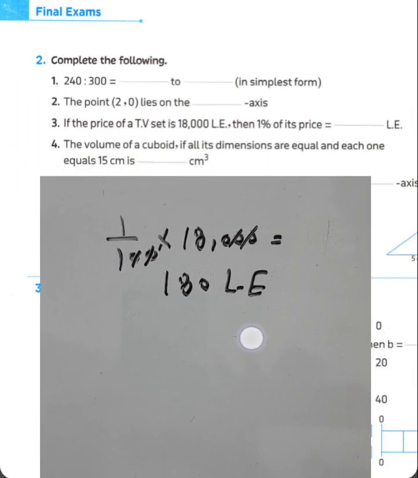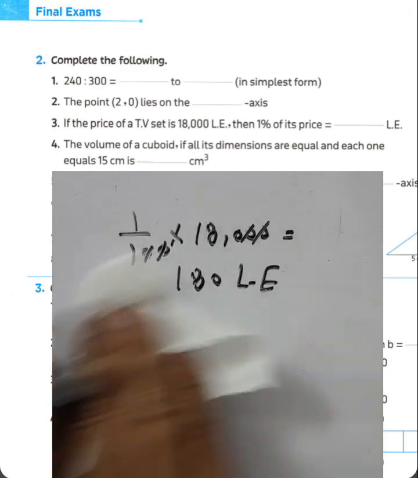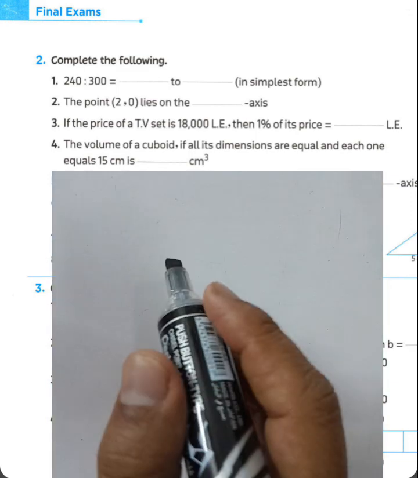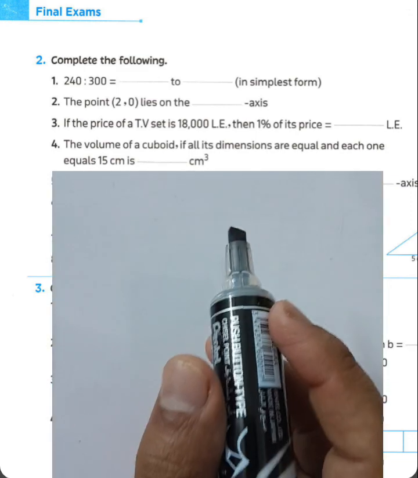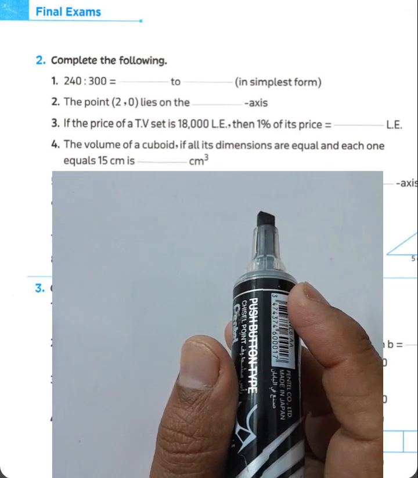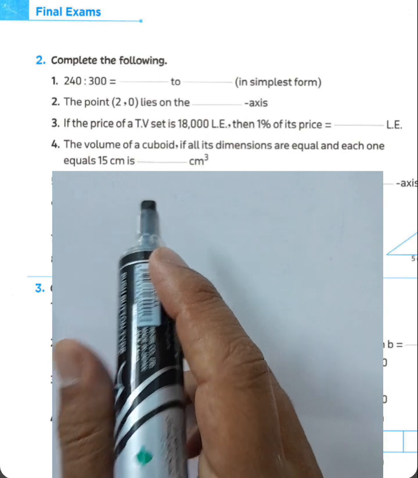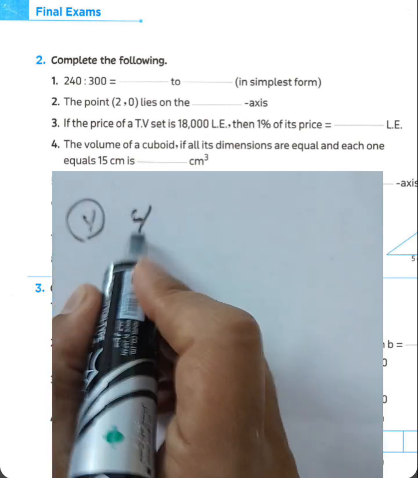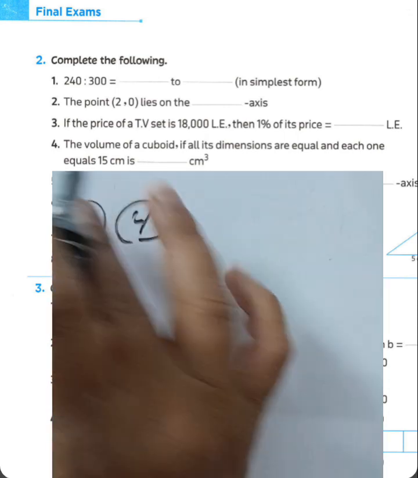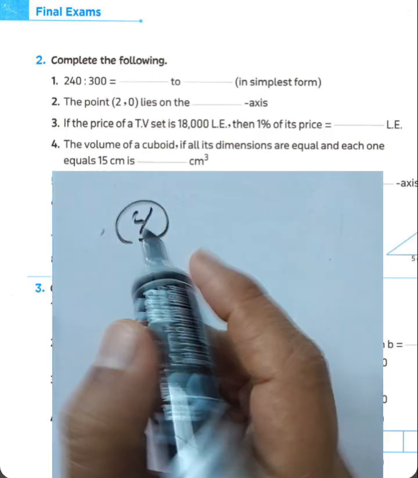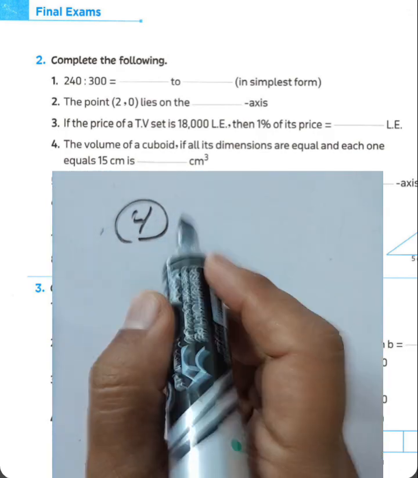Question number 4. The volume of a cuboid, if all dimensions are equal and each one equals 15 centimeters, is what? We can find the volume of the cuboid here. The volume of a cuboid will be side by side by side, because all sides are equal lengths.